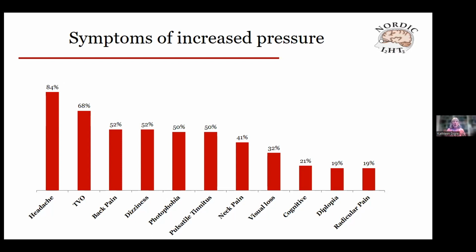Back pain was also common, along with neck pain, dizziness, light sensitivity, that whooshing noise I talked about that our patient had, Sharon had, visual loss in 1/3 of the patients by visual fields, cognitive changes, meaning they feel like they're fuzzy in their head. About 20% had double vision, and some people had pain going from their neck into their arms or down their legs. And so these were the symptoms that we found in intracranial hypertension.